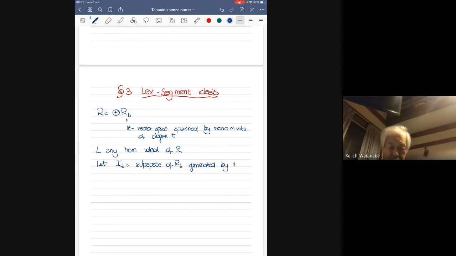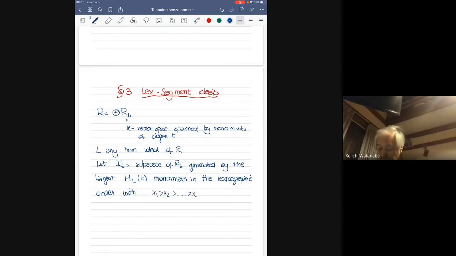by the largest, this is important, okay, and how many? H_L(T). H_L(T) is the Hilbert function of L in degree T, monomials in the lexicographic order, with, that's why it's called lex, X1 bigger than X2, bigger than Xn.